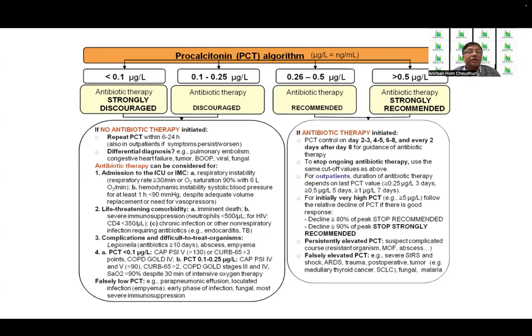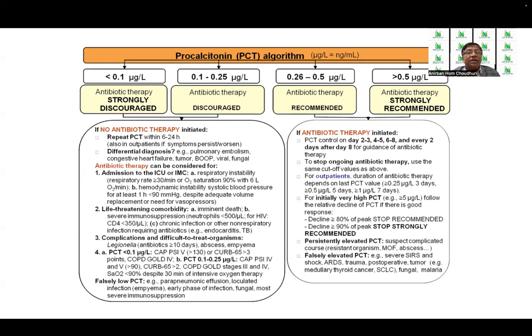If you look into the chart, you can see very clearly that less than 0.1, antibiotic is strongly discouraged, between 0.1 to 0.25 it is discouraged, whereas between 0.26 to 0.5 it is recommended, and more than 0.5 is strongly recommended.